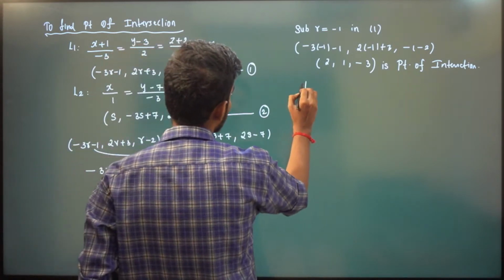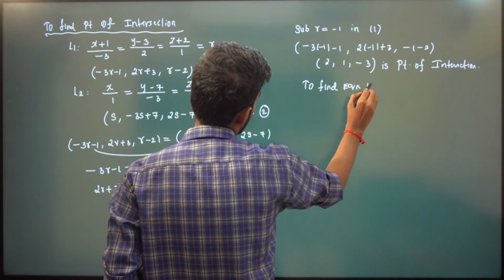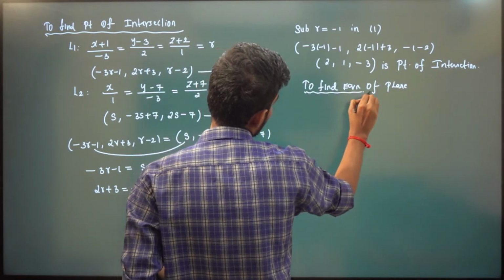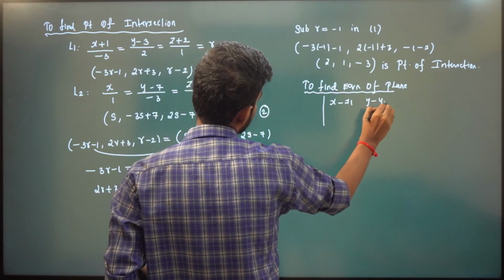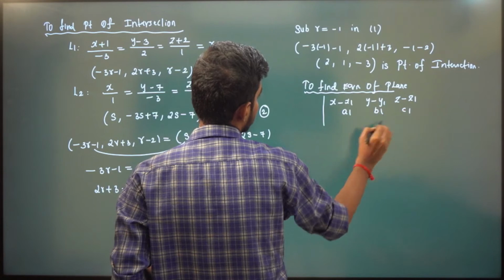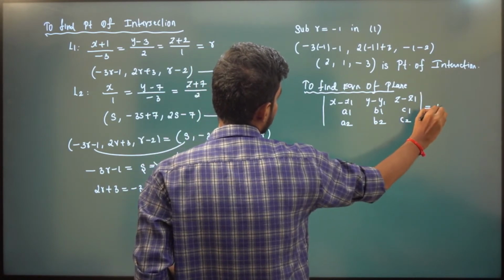Now to find the equation of the plane in which they lie, in which these two lines lie. So you know the formula. It is nothing but the determinant of x minus x1, y minus y1, z minus z1; a1, b1, c1; a2, b2, c2 equal to 0.